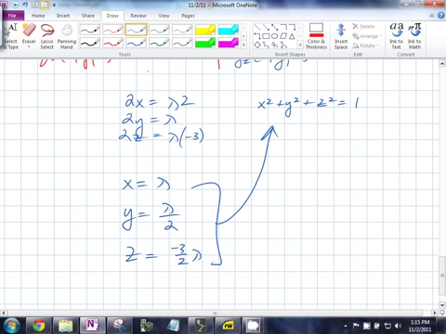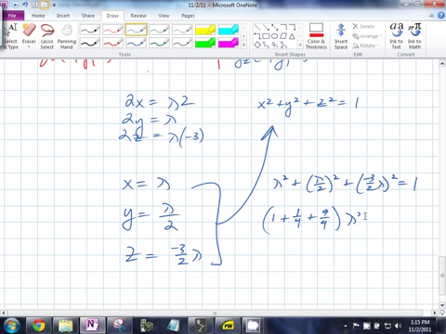If we do this, you end up with lambda squared plus lambda over 2 squared plus -3/2 lambda squared is equal to 1. So you end up with 1 plus 1/4 plus 9/4 times lambda squared is equal to 1.